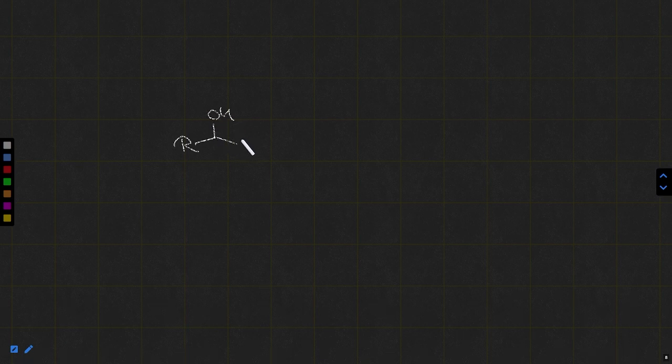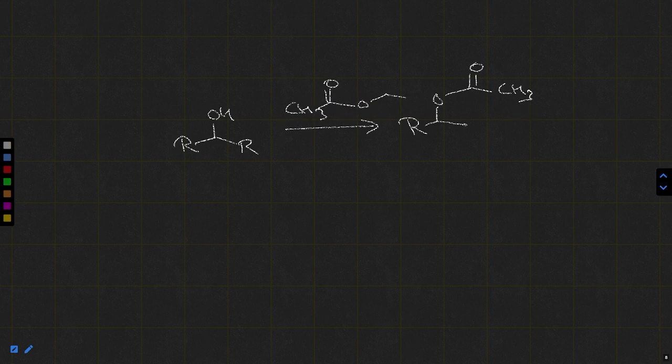So our alcohol is getting converted into this structure. And what are we treating it with? This acetic anhydride. Now I will give you a second to think of it. How would this reaction have gone?